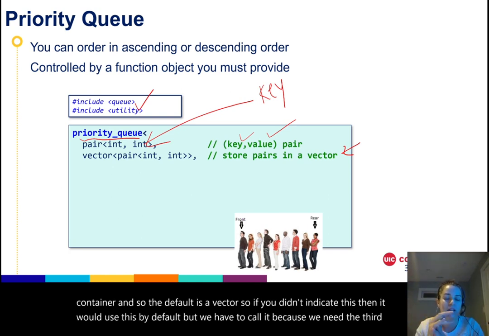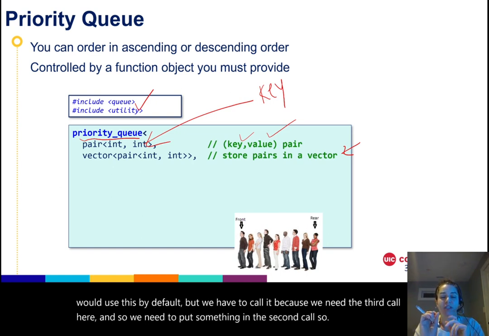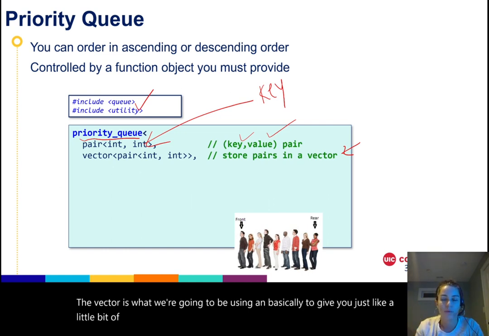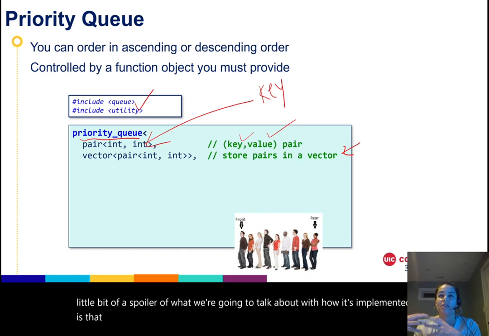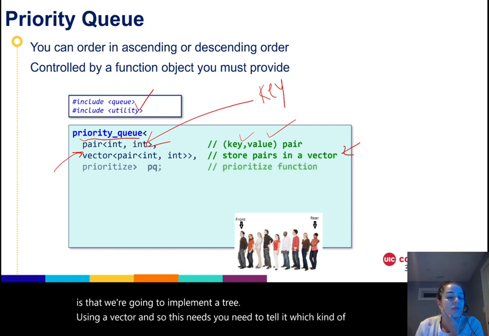And so we need to put something in the second call. So the vector is what we're going to be using, and basically, to give you just like a little bit of a spoiler of what we're going to talk about with how it's implemented, is that we're going to implement a tree using a vector. And so you need to tell it which kind of container you want to do for that.